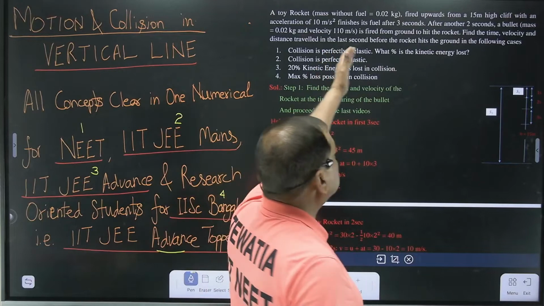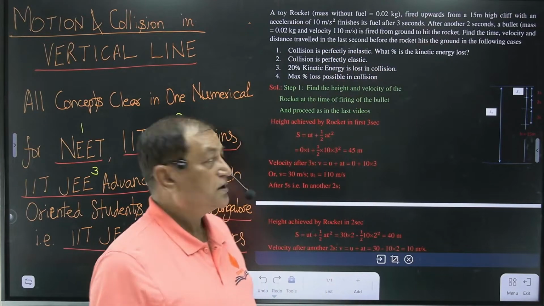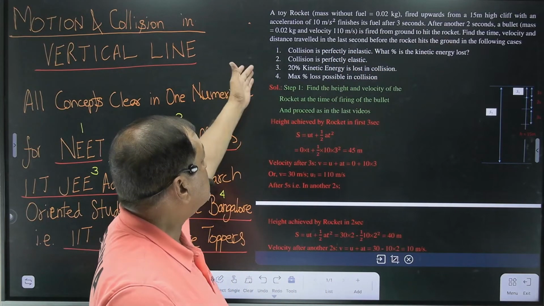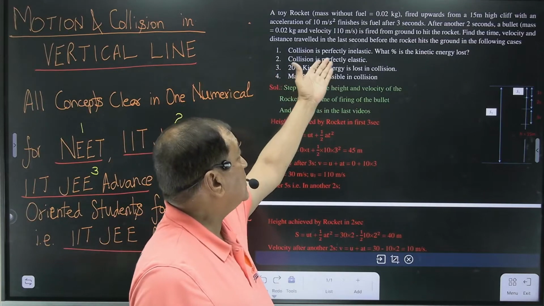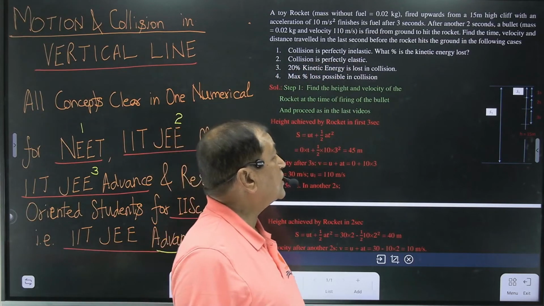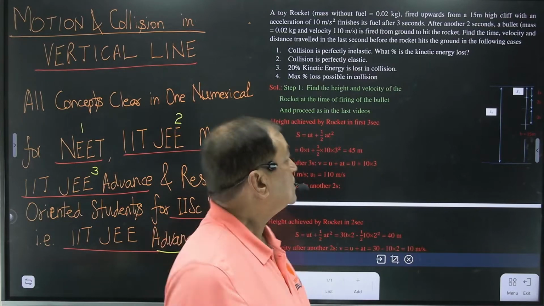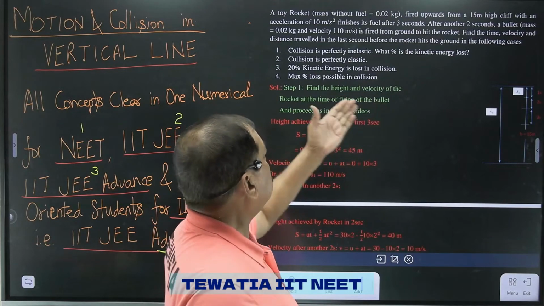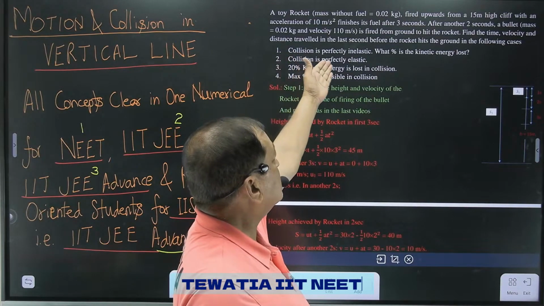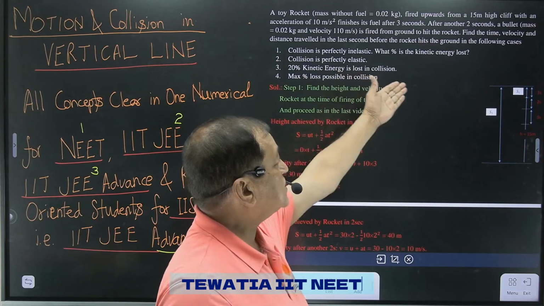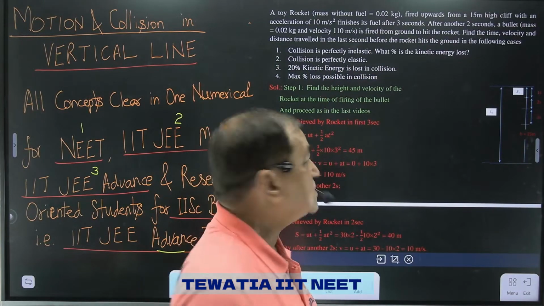Next, after 2 seconds a bullet of mass 0.02 kg and velocity 110 meter per second is fired from the ground to hit the rocket. Find the time, velocity and distance traveled in the last second before the rocket hits the ground in the following cases.